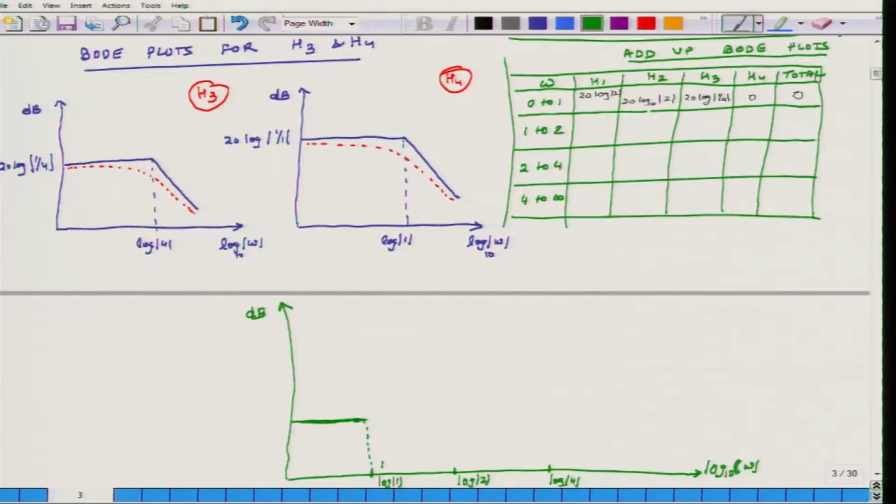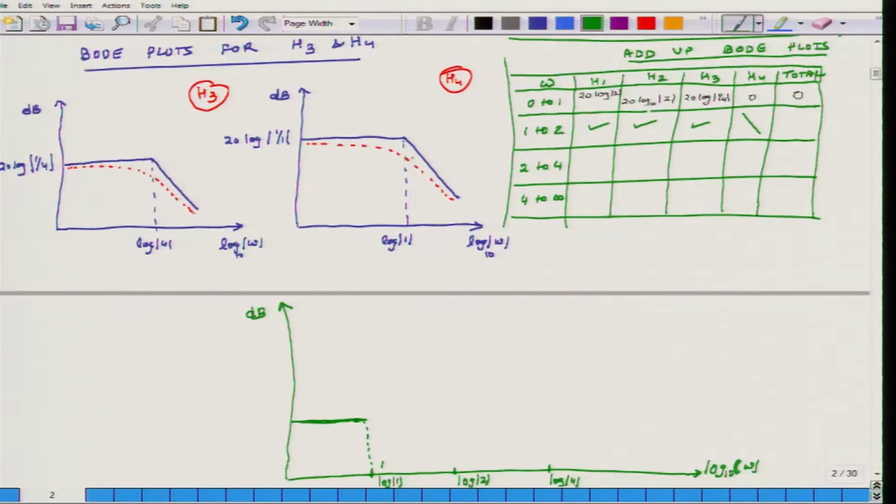From 1 to 2, what we see is that the contribution from H1 is still the same, it does not change. From H2 it is still the same, because H1 and H2 are the same up to 2, and for H3 it is still the same, but from H4 I have a negatively sloped line.